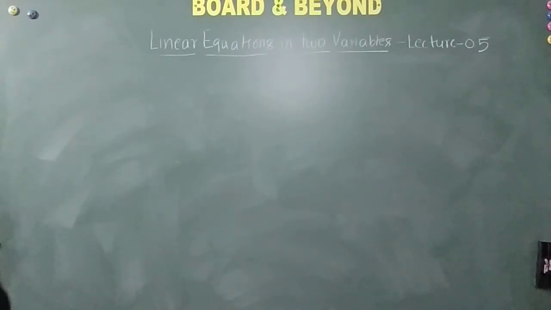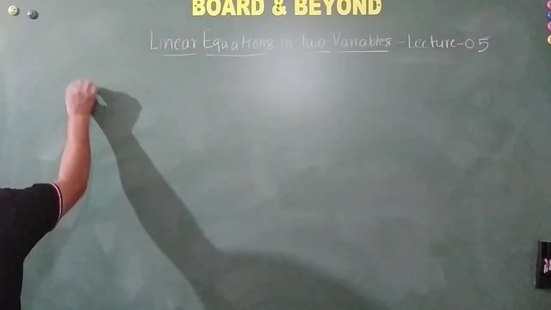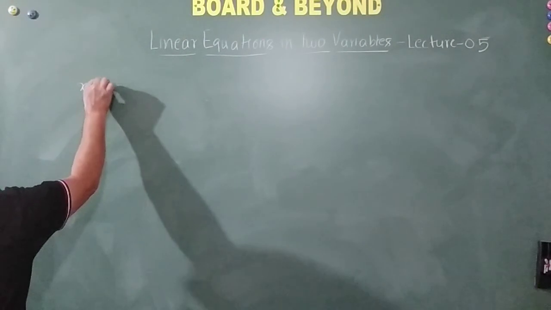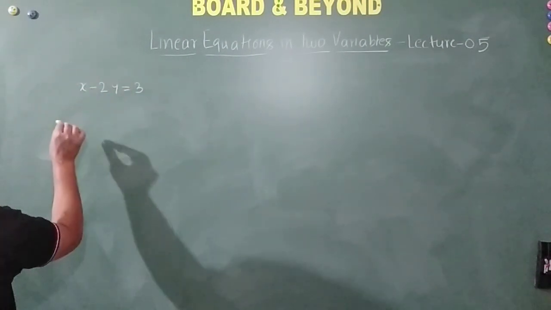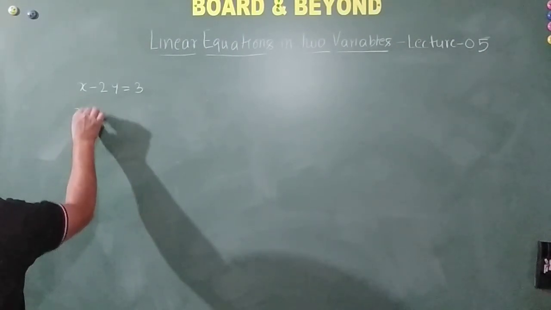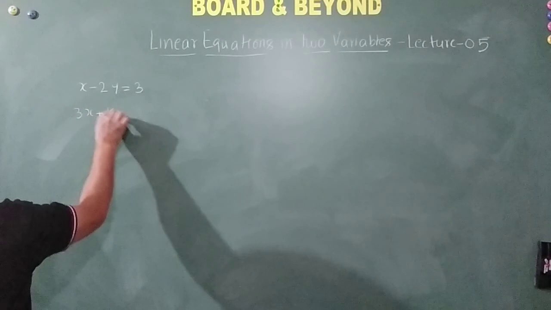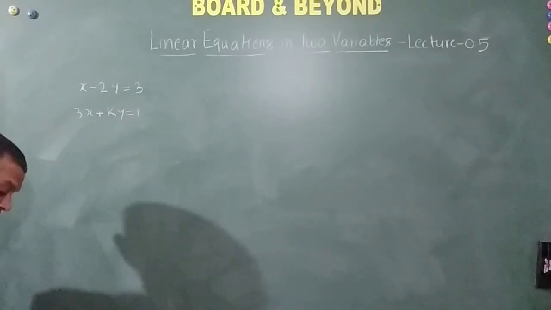Moving on to the next one. Okay, find the value of k for which the system of equations 2x minus 3y, x minus 2y is equal to 3 and 3x plus ky is equal to 1 has a unique solution.